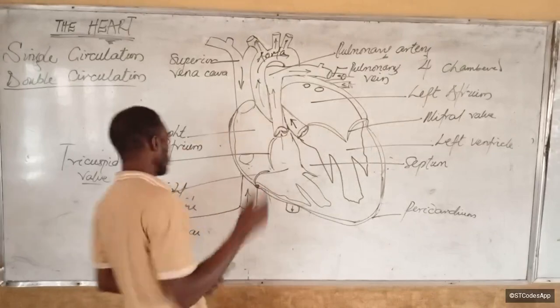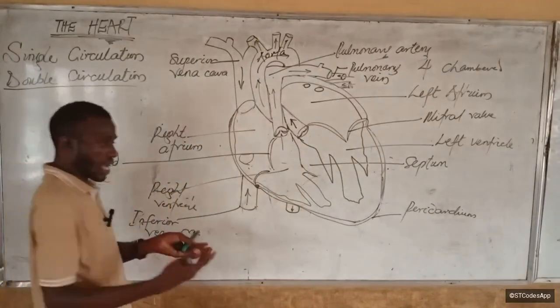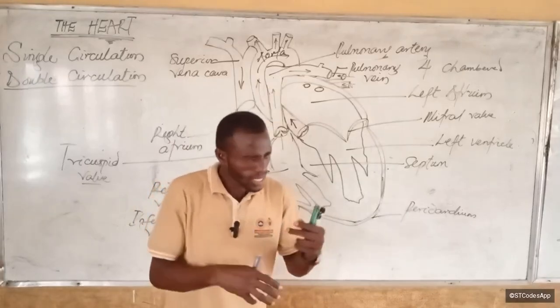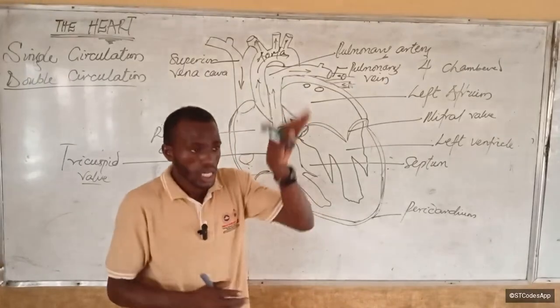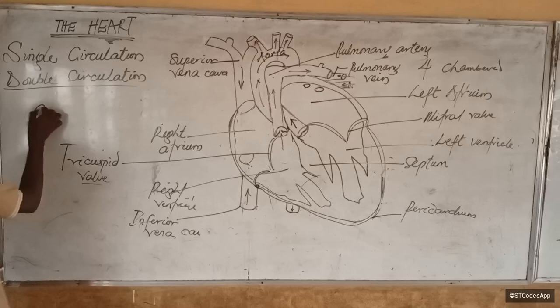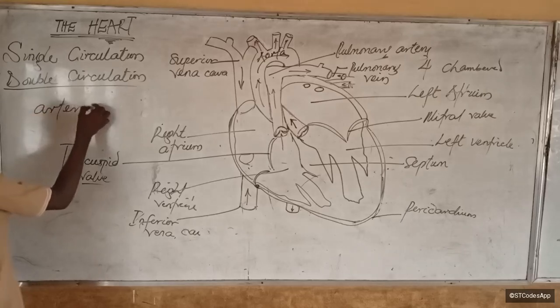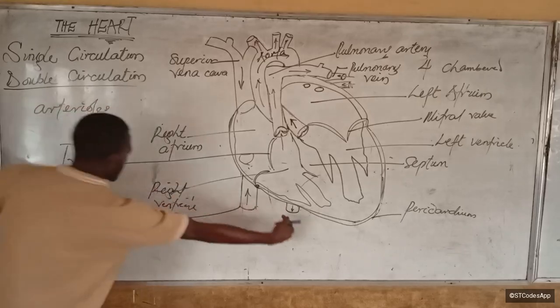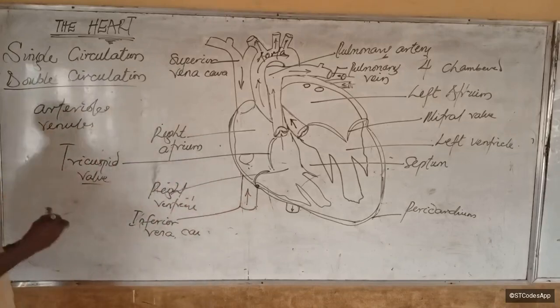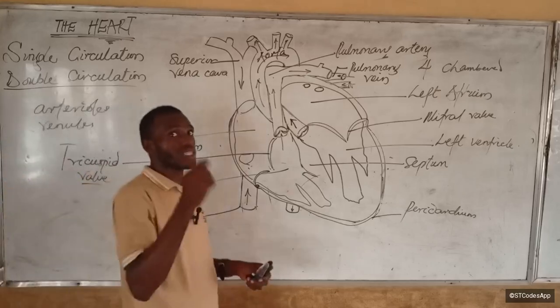And then I forgot to tell you this also, because before we get to the capillaries, which is the branching network, the arteries begin to reduce in size, and as they reduce, we begin to have what we call arterioles. Then veins also start from the venules. Venules are tiny, tiny veins. Arterioles are tiny, tiny arteries.